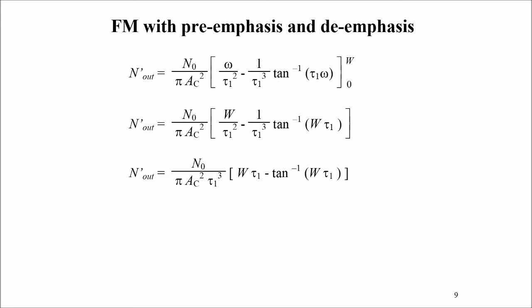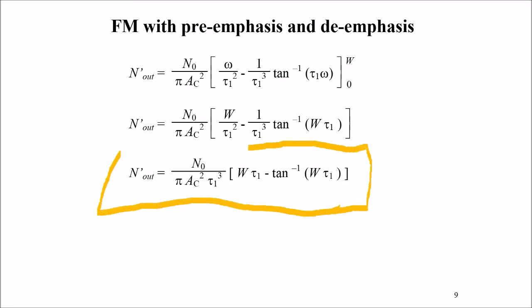And if you look up the antiderivative of that function, we get omega over tau 1 squared minus 1 over tau 1 to the third power times the inverse tangent of tau 1 times omega, and we're integrating from 0 to W. So you plug in the upper and the lower limits of integration, and we get this expression after a little bit of algebra for the noise power out with the de-emphasis filter in place.